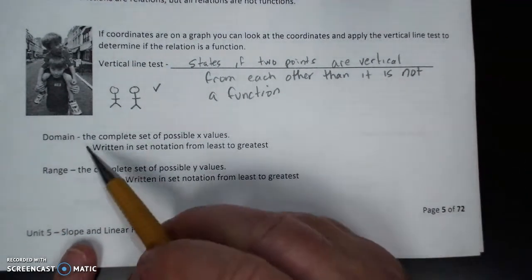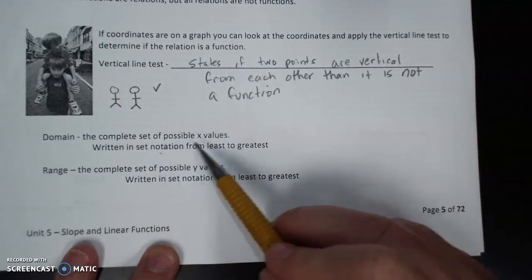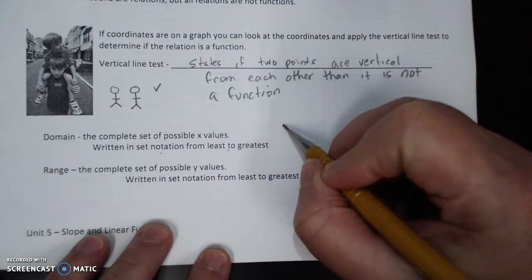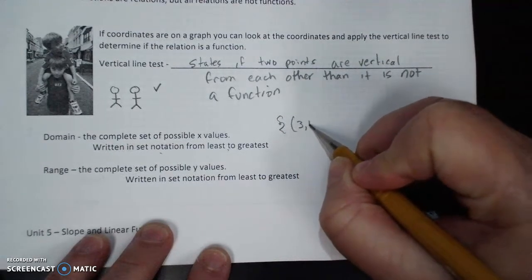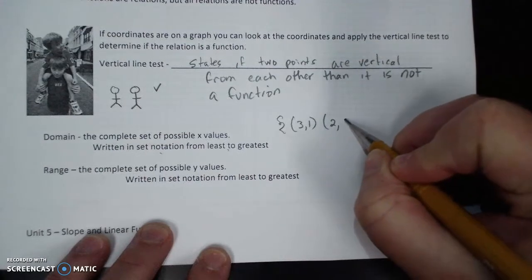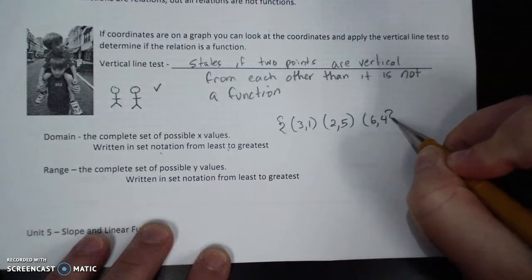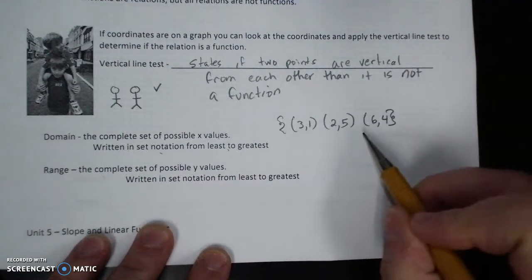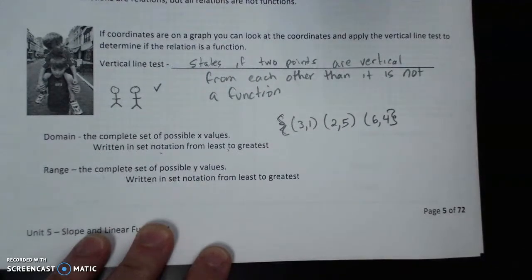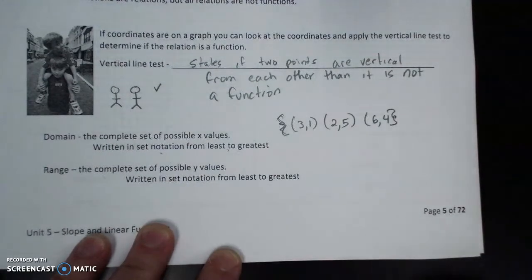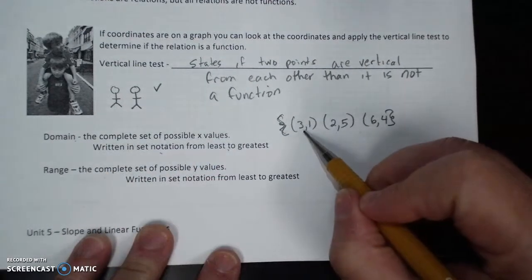Okay, domain. The complete set of possible x values written in set notation from least to greatest. So I'm going to do a set of (3,1), (2,5), and (6,4). Okay, here's the set. These little brackets are set notation. On the computer, they're right next to the P. My domain is my set of x's.